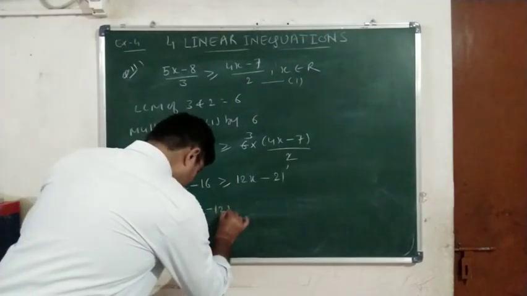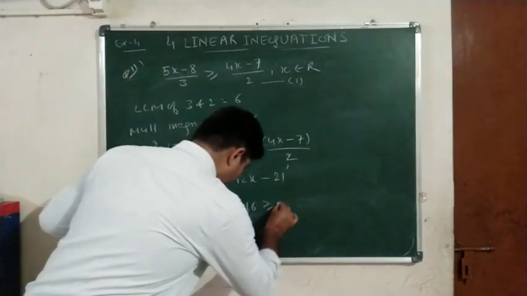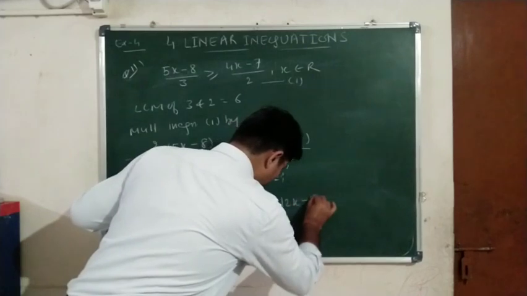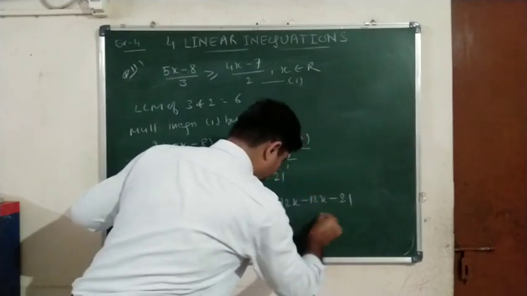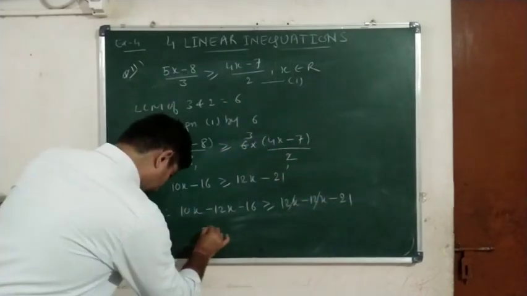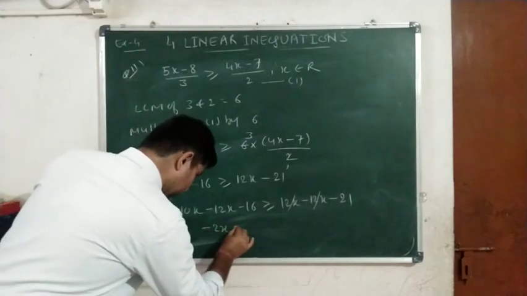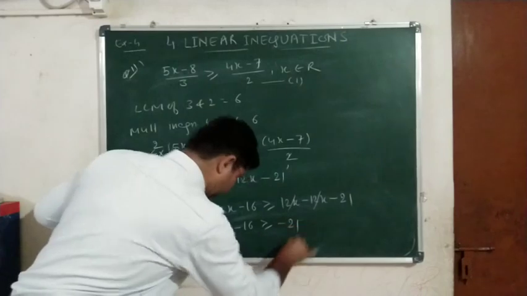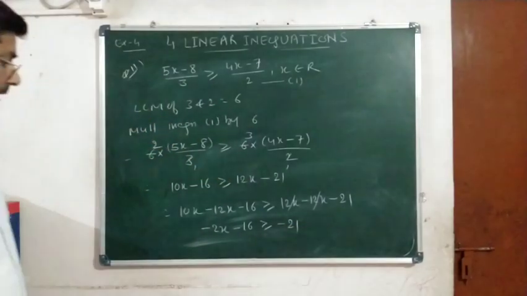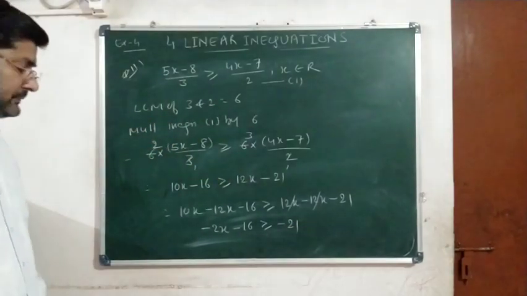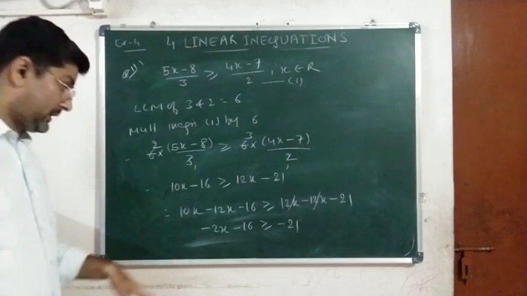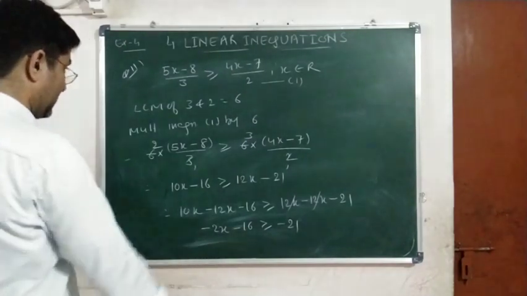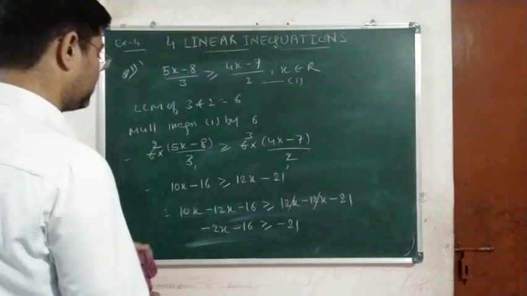So we get minus 2x minus 16 greater than or equal to minus 21. Now let us add plus 16 on both sides so that we can eliminate minus 16.